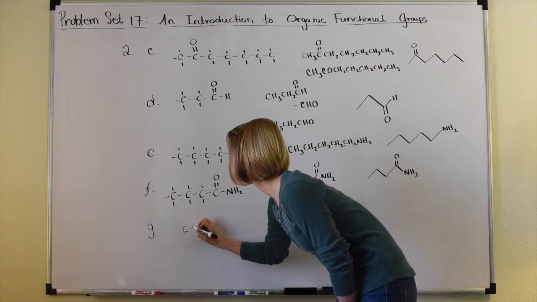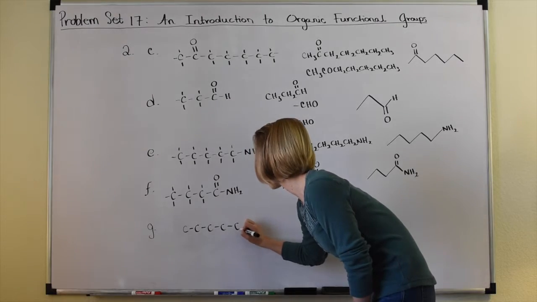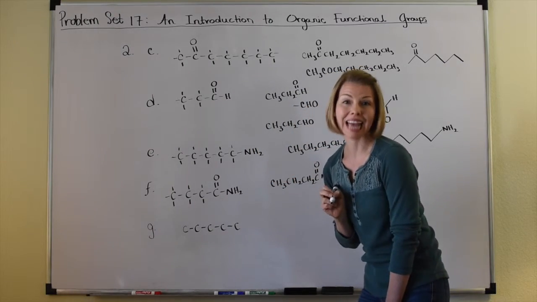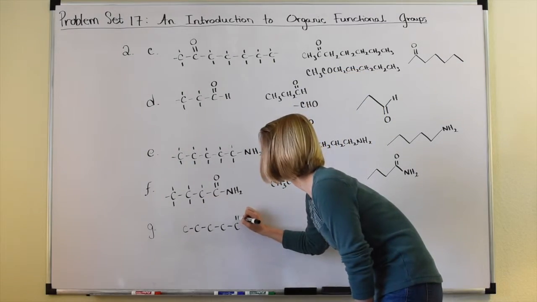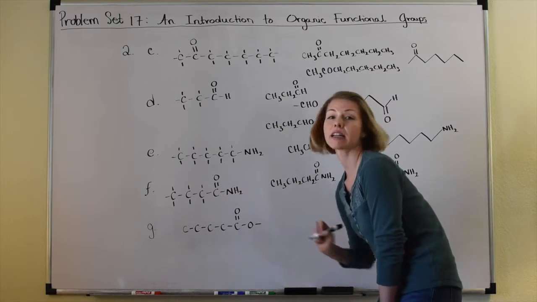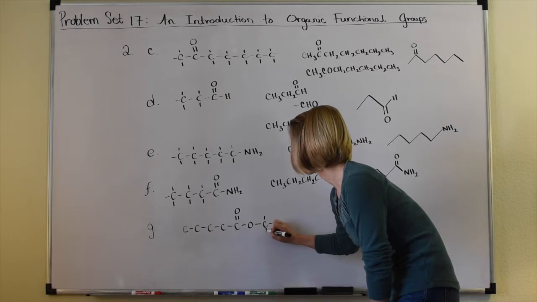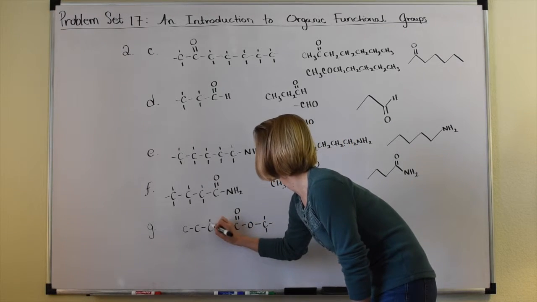So 1, 2, 3, 4, 5 for our pentanoate, carbonyl and oxygen. And on the other side of that oxygen, just a 1-carbon, a methyl group.